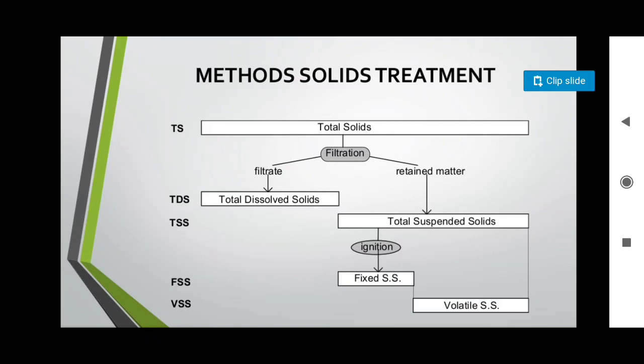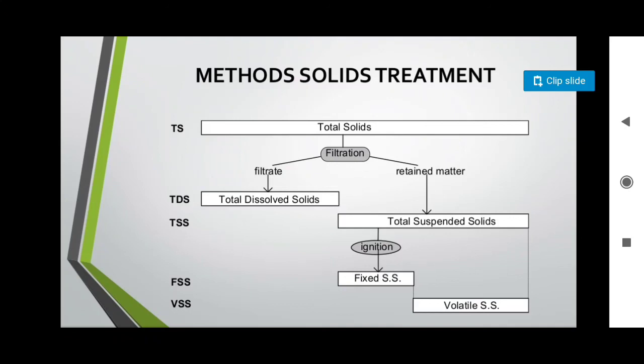So the total solids which were in suspended form in a sample are called TSS, which is total suspended solids. What we do after that is we take out this total suspended solid and then we try to ignite it, right? We burn it, right? After burning, there would be a reduction in the amount of the total suspended solid.